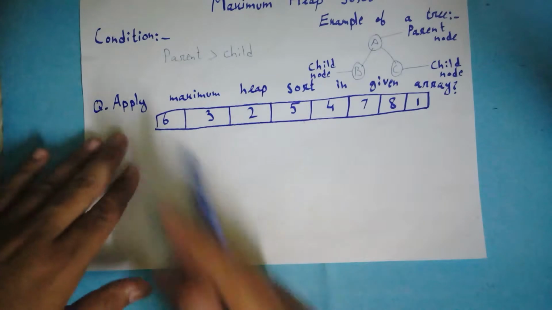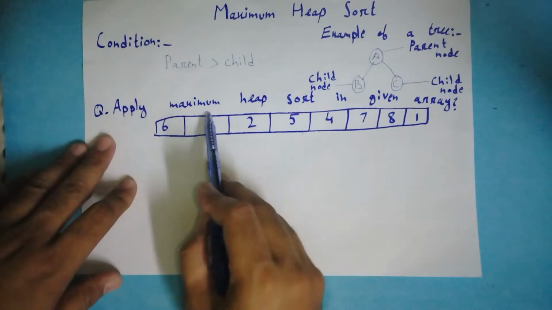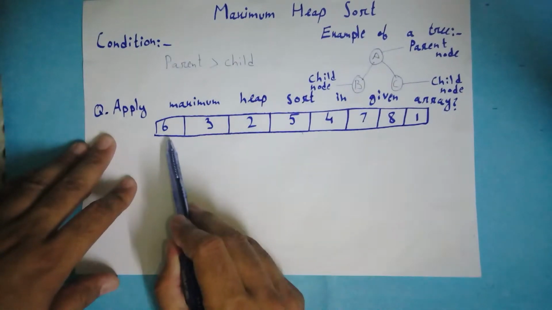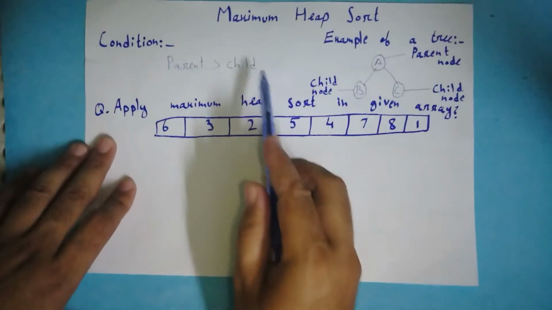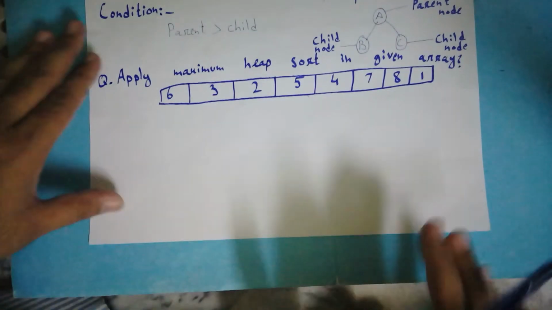Here I've written one question: apply maximum heap sort in the given array. I've taken an array, and now I'm going to apply maximum heap sort on it.